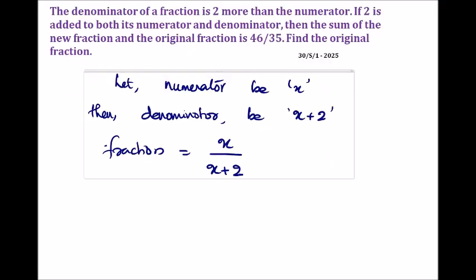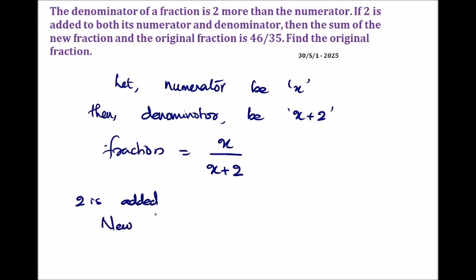Now according to the question, if 2 is added to both numerator and denominator, then the new fraction is equal to x plus 2 divided by x plus 4.